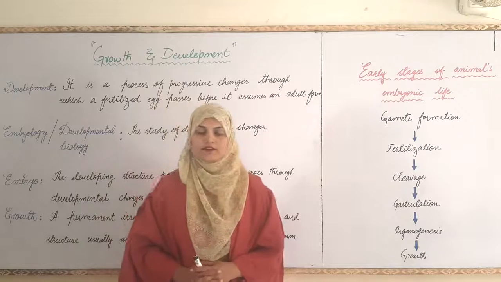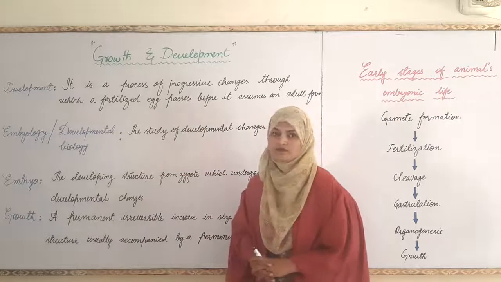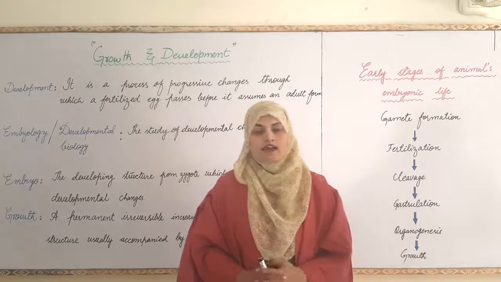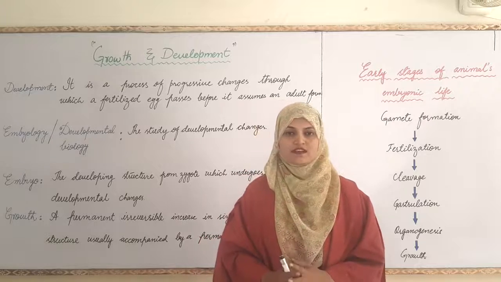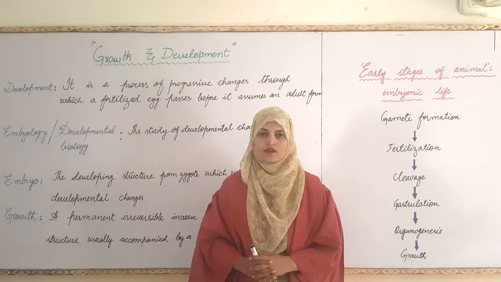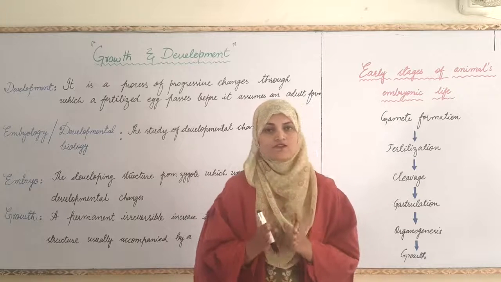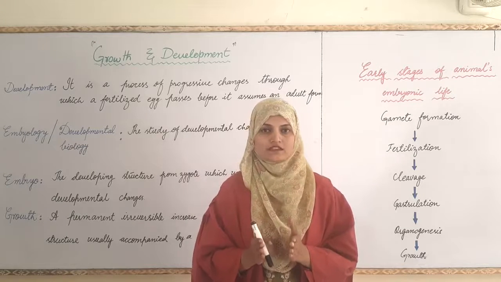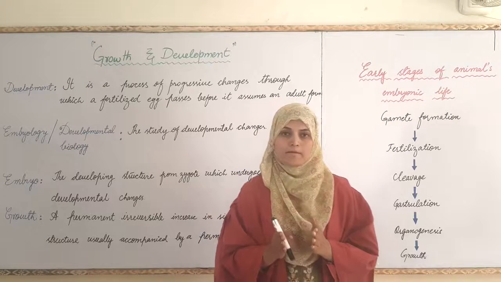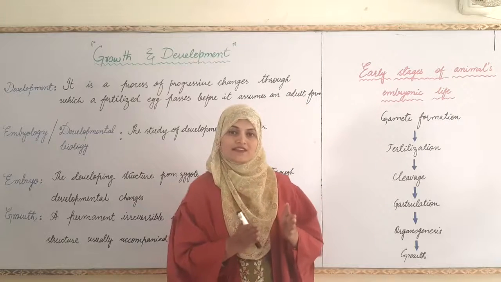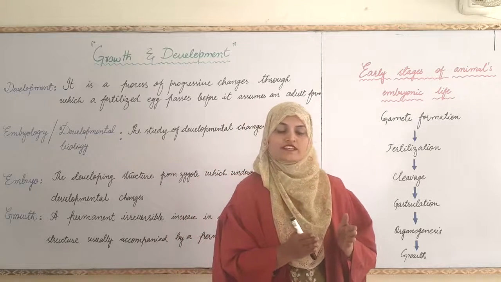Student, my today's topic is growth and development. As we know, life comes from a single cell which is termed as zygote. When male and female gametes fuse with each other, a zygote is formed, and this zygote passes through progressive changes, as a result of which an individual is formed.